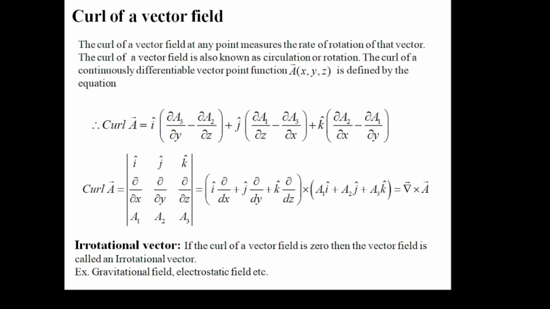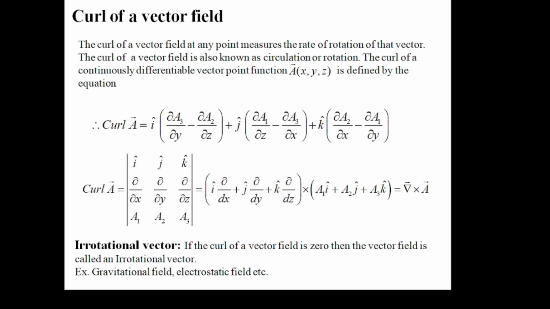Suppose, for example, the existence of curl of V, the velocity at a point in space, indicates circulation at that point of a liquid flow. The curl of a vector is also known as circulation or rotation.